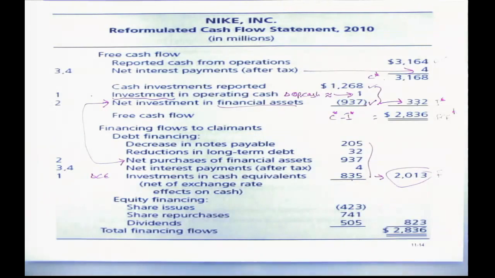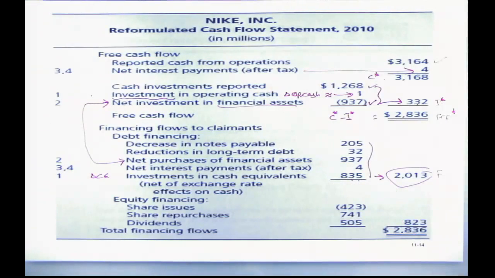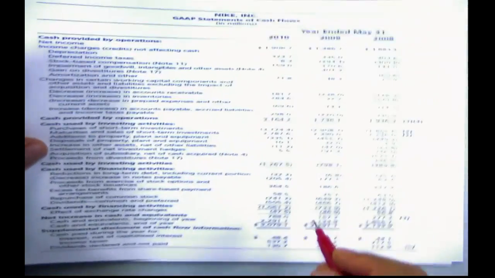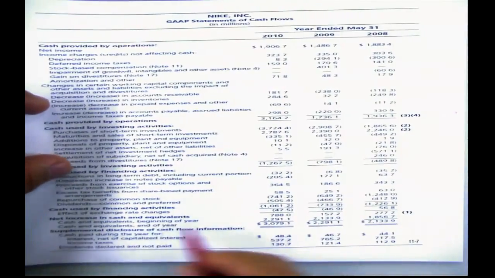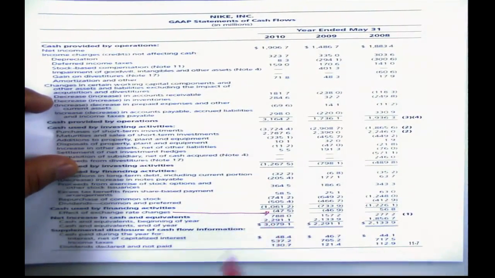835, if you go back to the formal slide, we estimated the change. The estimated change in cash equivalents was 787. So the difference is because the author combined this change in cash equivalents with another figure. He combined that figure with something called effect of exchange rate changes, 47.5.